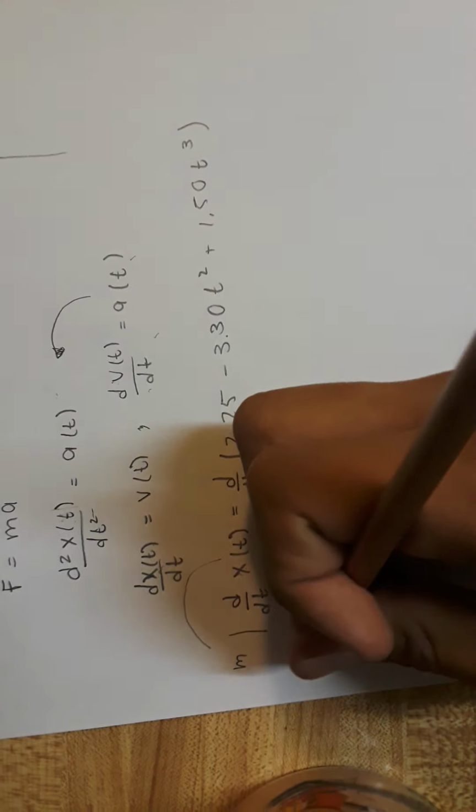Okay, so now we're going to have negative 3.30 times the 2, which comes down from the exponent, times t, plus we have our gamma right here, which is just a constant, times 3, which comes down from the exponent again, times t squared. Okay, so this would be our velocity, but we're not really interested in the velocity, so we're just going to derive it one more time.